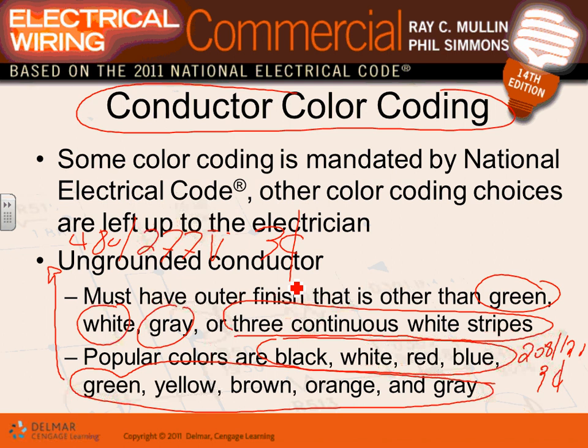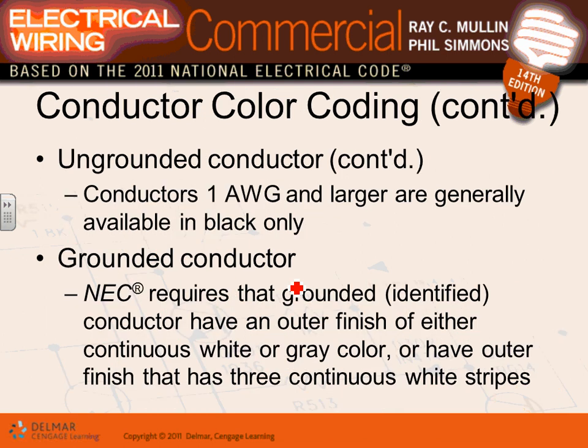If it's all the other phases, the hots can be any other color, but the most common ones, guys, are black, red, blue, white, and brown, orange, yellow, gray for these two different voltages, plus green, of course. Any comments, any questions? Does it make sense? Okay, so that's your color coding.